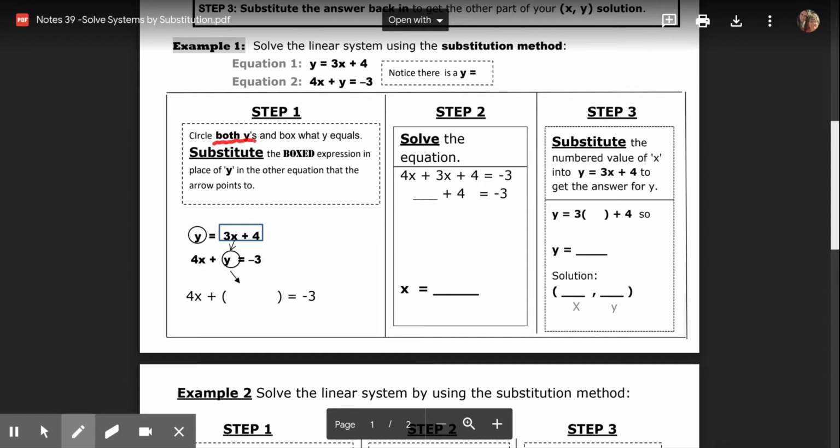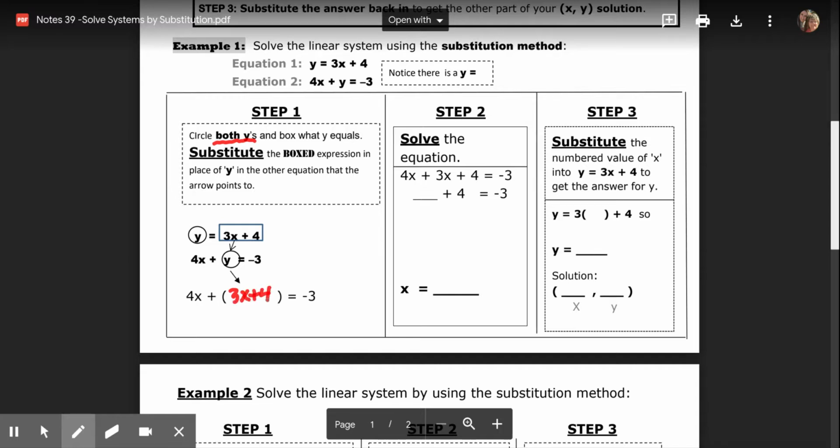So we're going to then substitute the boxed expression in place of y in the other equation that the arrow points to. So here's our 3x plus 4. I box that in. I replace it with the y that's circled in the second equation. So it'll be 4x plus, in place of y, I put 3x plus 4.